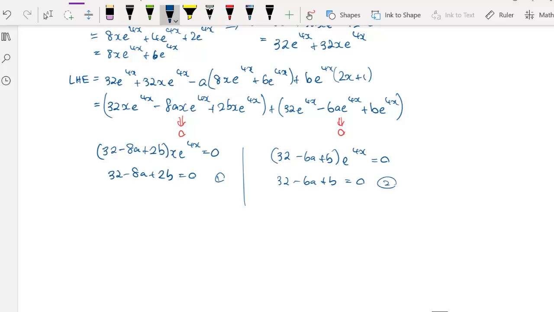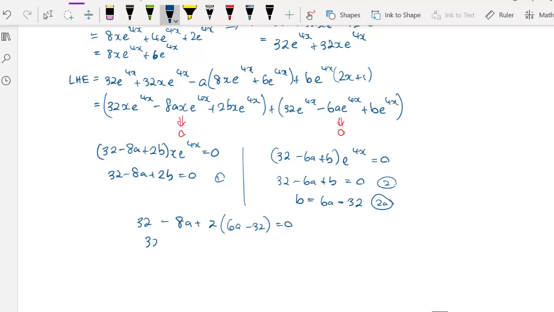So if we start by isolating b, we can say that b is equal to 6a take 32. We can say this is equation 2a. We can sub that into the first one, and we've got 32 subtract 8a plus 2 lots of 6a take 32 is equal to 0.